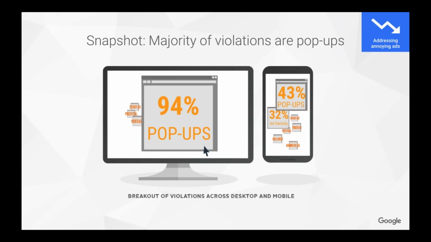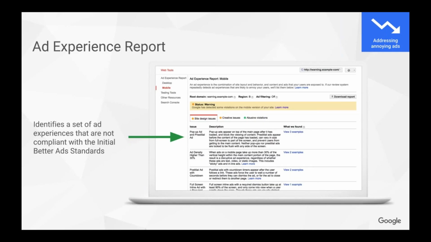This is a real screenshot out of a test site of the ad experience report, and you can see once experiences are identified as being a pop-up or having a high ad density, etc., you will see a description of what we found, and also you can find a deeper description, often connected to a video.